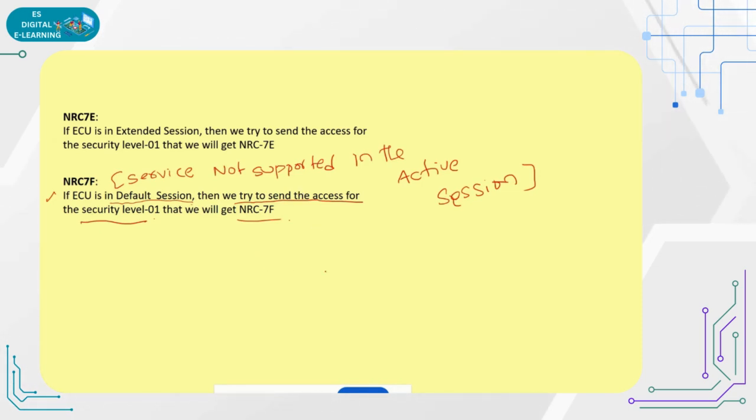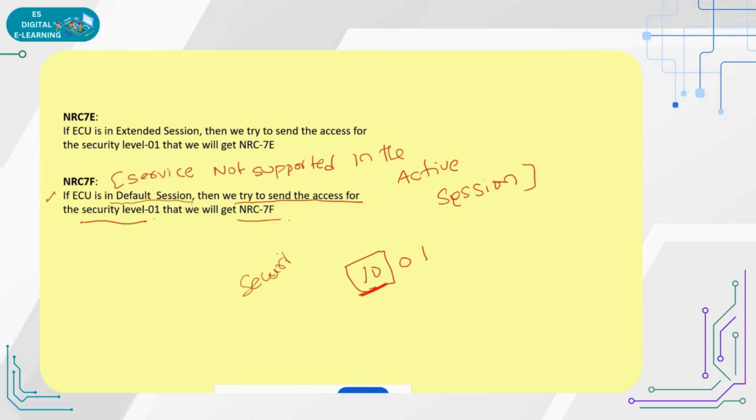What it means is that in the default session, these services won't be supported. So in the default session, security won't work. If you try to do this, we'll get a 7F.